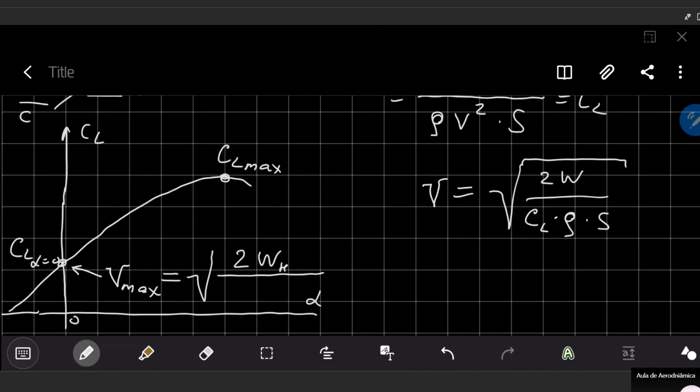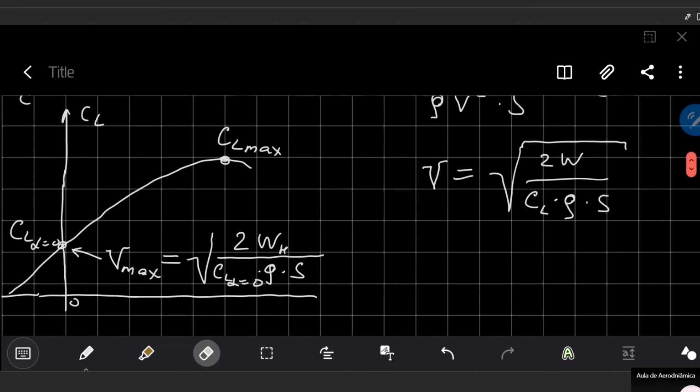And divided by this CL alpha 0 and the density and the area. I will just move our alpha to a bit lower position. Okay, and the square root. This density here is also at high altitude.